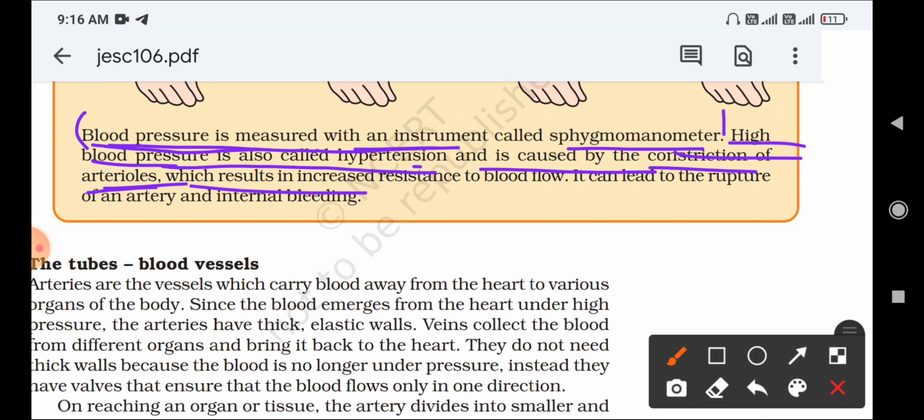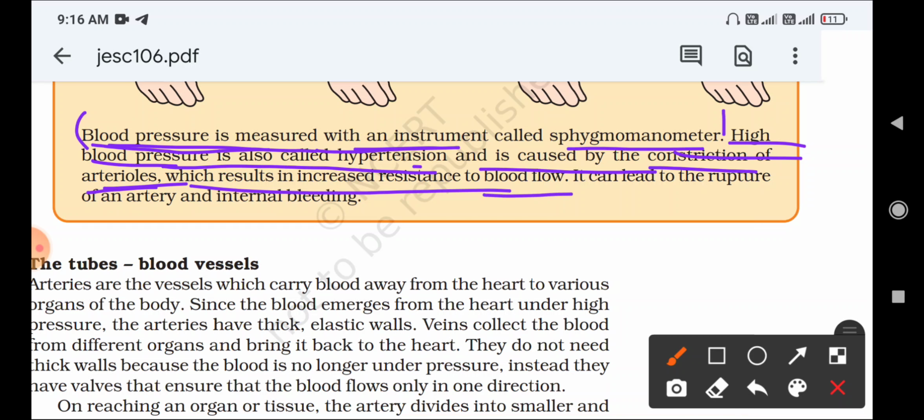If the contraction of arterioles increases, hypertension will be caused. The effect of hypertension is that it will restrict the flow of blood. It restricts or stops the flow of blood.